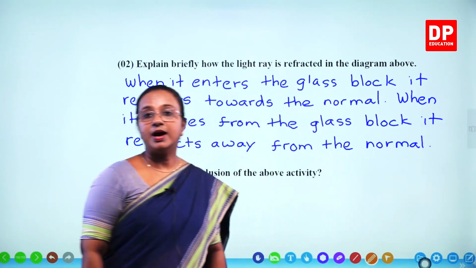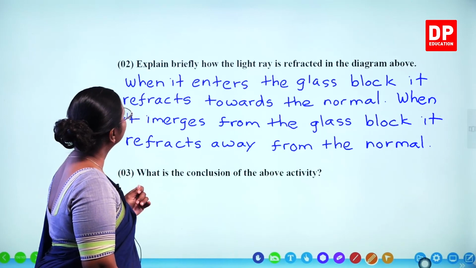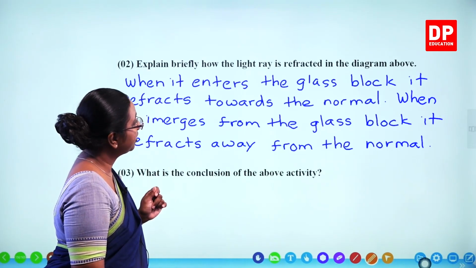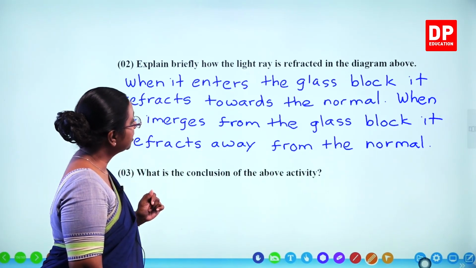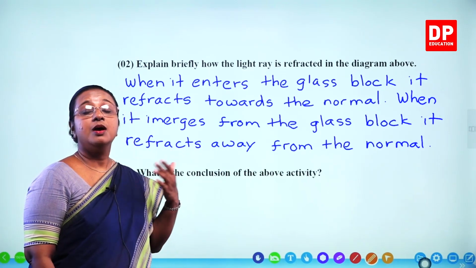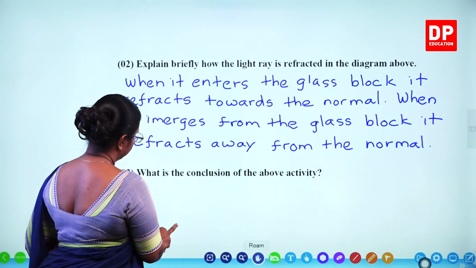So that is what happens to the ray. So they have asked, explain briefly how the light ray is refracted in the diagram above. So you have mentioned whether it's towards the normal or away from the normal. Then the next question.